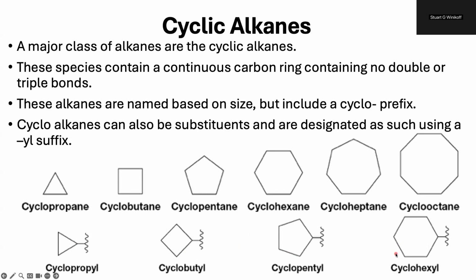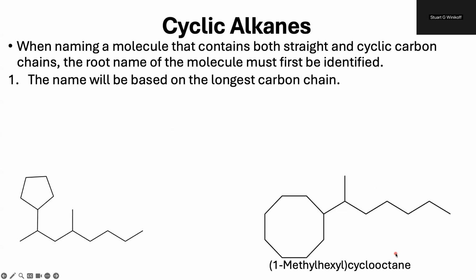Now, let's go ahead and look at how this gets incorporated into wider naming schemes. So this is specifically an issue if I have a molecule that contains both a straight chain and a cyclic component. So how do I know which one is the root name and which one is the substituent? So that root name is going to be based on the longest carbon chain, just like before.